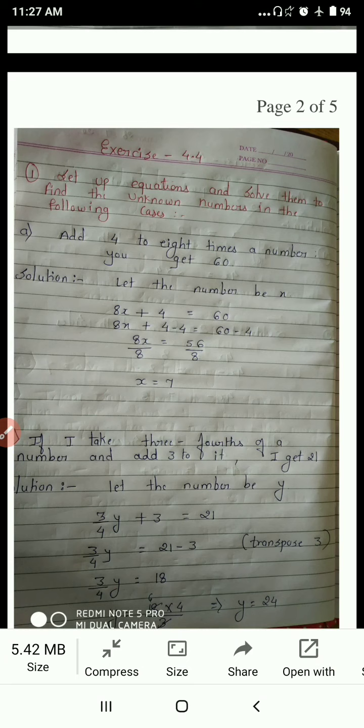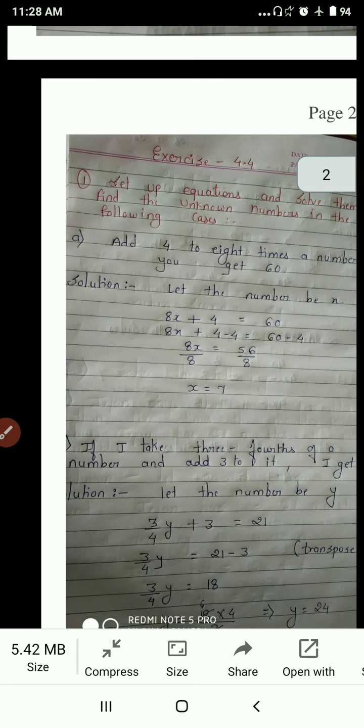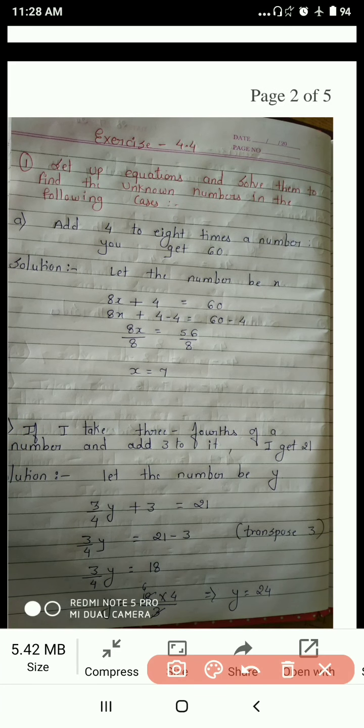The first question is: add 4 to 8 times a number, you get 60. Here we have to add 4 to 8 times a number. Which number? Here it is given, a number. We don't know the number, so that number will be x or any alphabet.